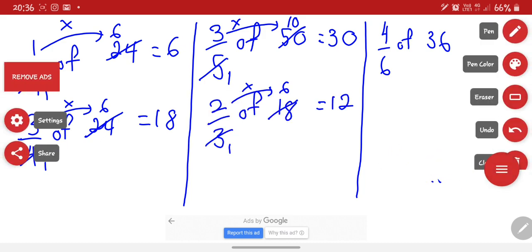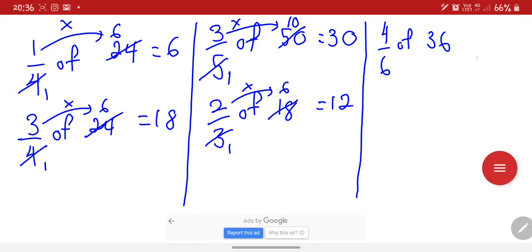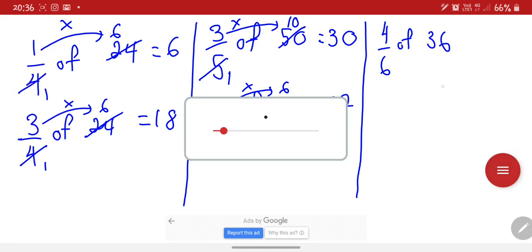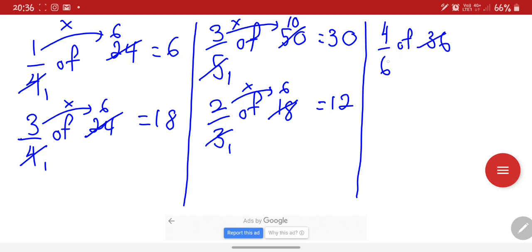Okay, let's move on. Same step. Whole number divide by denominator. So 6 divided by 6 is 1. 36 divided by 6 is 6. So you multiply this one, 6 times 4 is 24. Okay, 6 times 4 is 24.